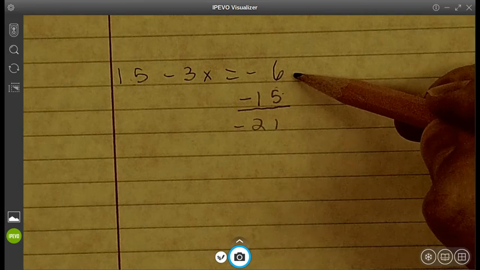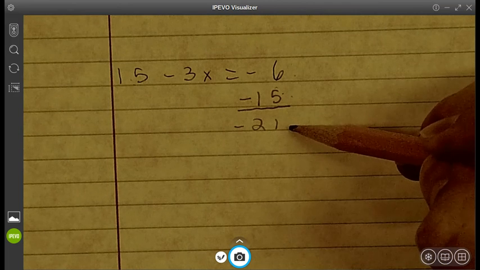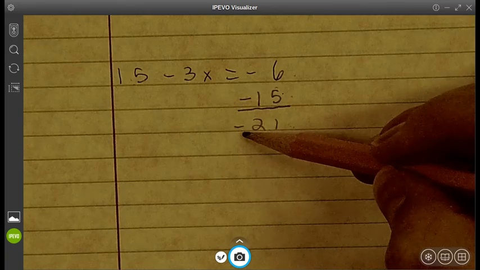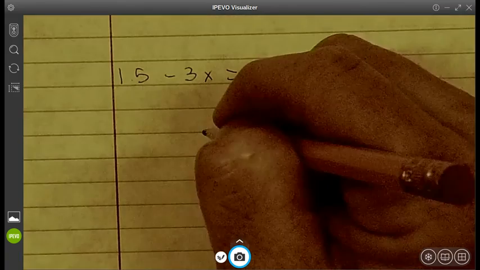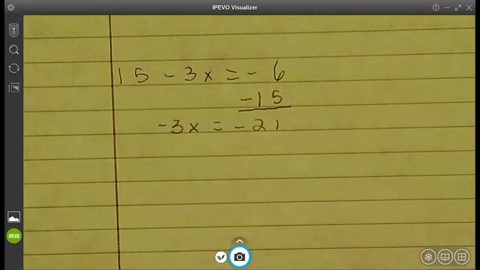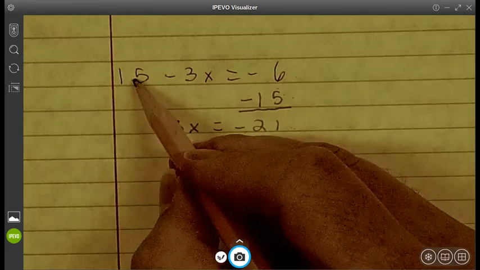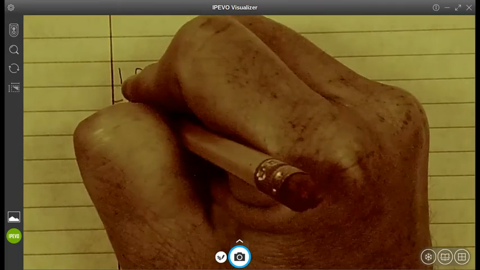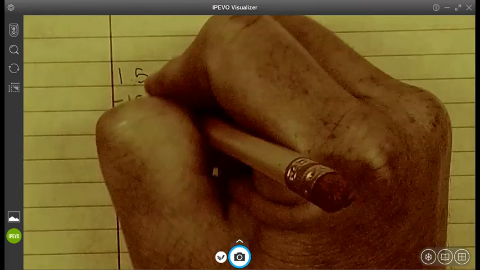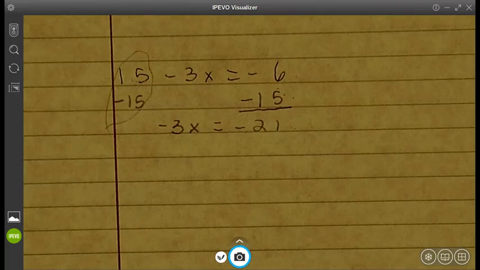If you owe somebody $6 and you owe somebody $15, you owe a combined debt of $21. And owe is represented by the negative. I'm going to go ahead and bring down my coefficient, negative 3, and my variable x. This 15 right here, this was technically subtracted from both sides, so this cancels out. This is now 0. That is now 0.